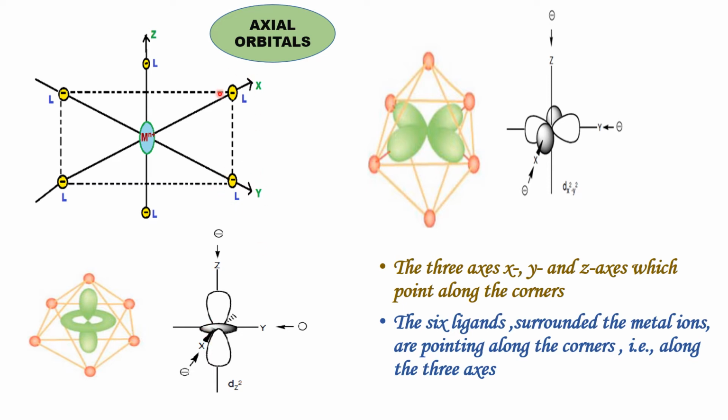So these axial orbitals, that is dx square y square and dz square orbitals, are doubly degenerate. According to group theory, these axial orbitals are also known as eg orbitals, that is doubly degenerate orbitals.